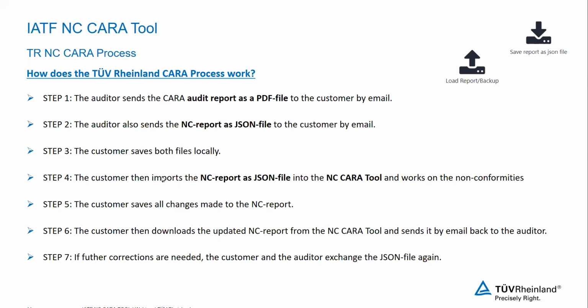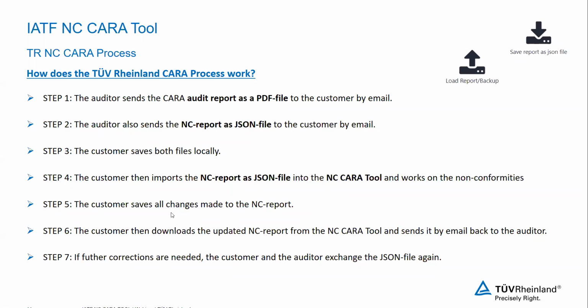What you then need to do is import the NC report, this NC JSON file, into the NC CARA tool in order to work on the non-conformities and to go through the different steps that are required to handle non-conformities: correction, prevention, root cause analysis, and so on.